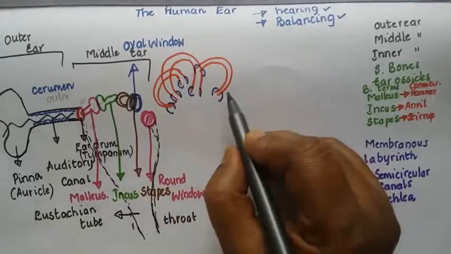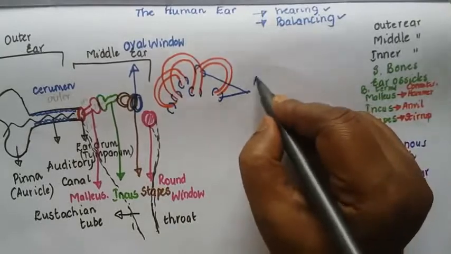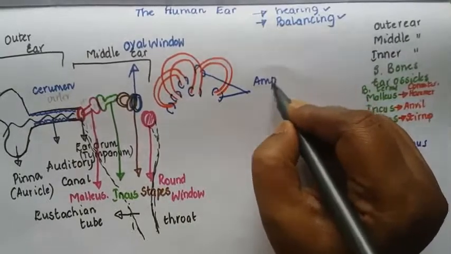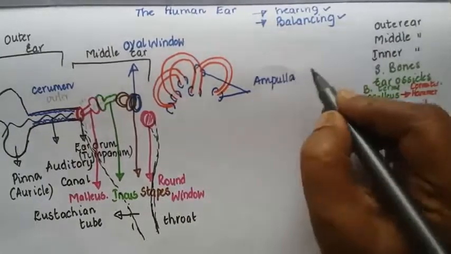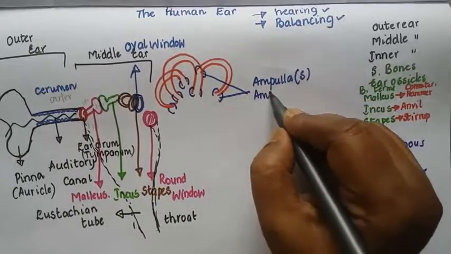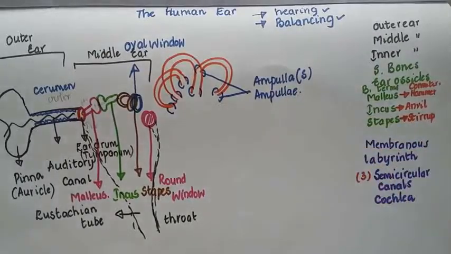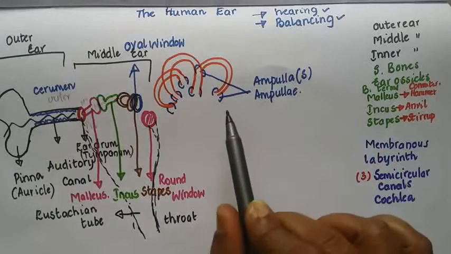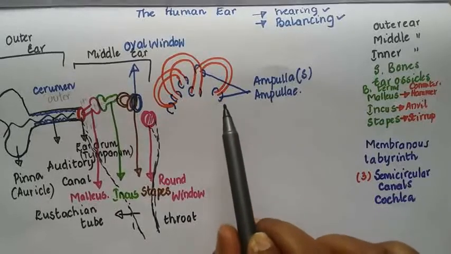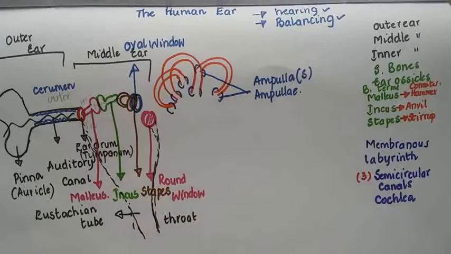These widened structures are known as ampulla. Ampulla is the singular form, ampullae is the plural form. So what do you mean by ampullae? Ampullae are nothing but the widened structures found at the bases of these semicircular canals.